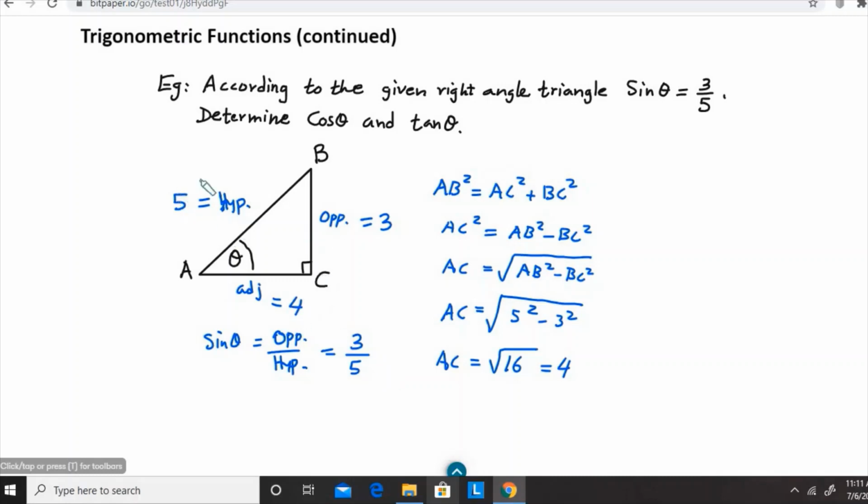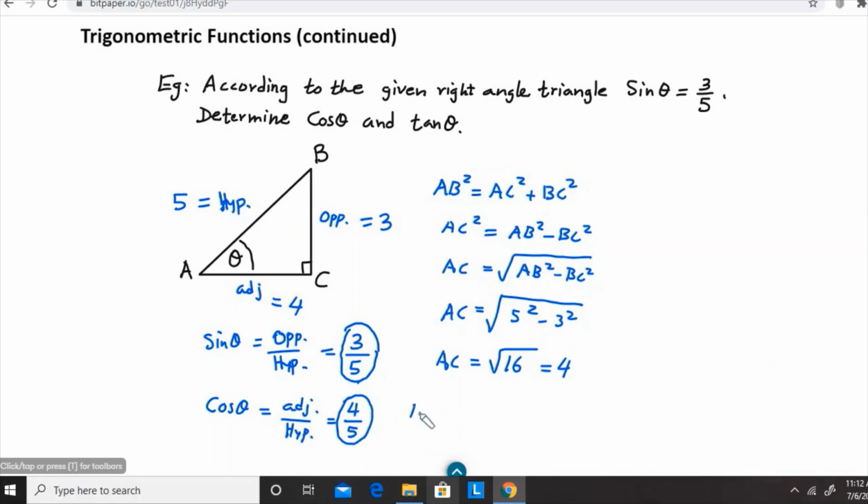So now we know the hypotenuse, we know the opposite side, and we know the adjacent side in terms of their lengths. Now we can find the cosine theta as asked in the question. So cosine theta is the adjacent divided by the hypotenuse, which is 4 over 5. Okay, so this is given in our question, but this is one that we actually figured out.